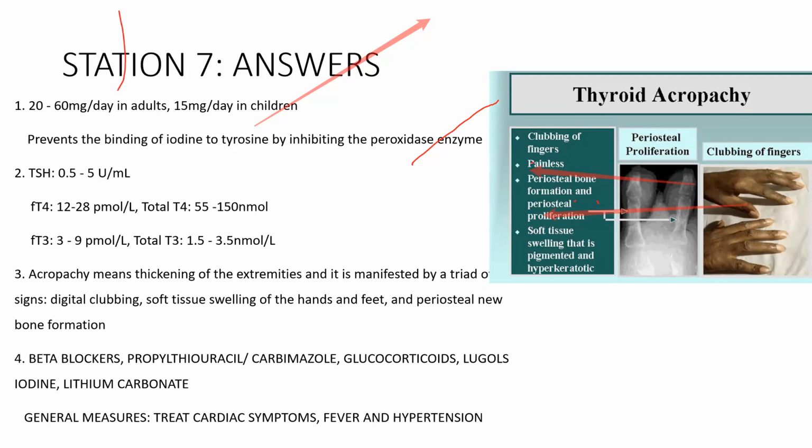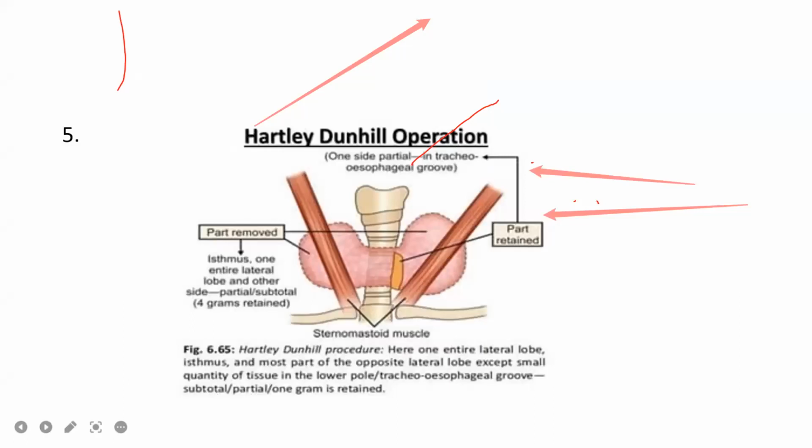That is what I have seen. Just mention that glucosidin can also be used in thyrotoxicosis, that historically we go for that. Then some other measures, treat the cardiac symptoms, fever and hypotension.